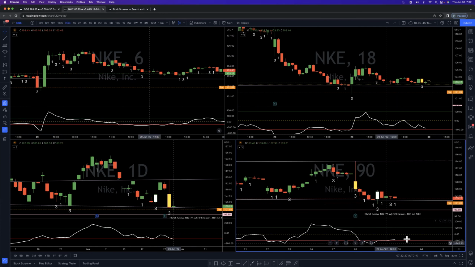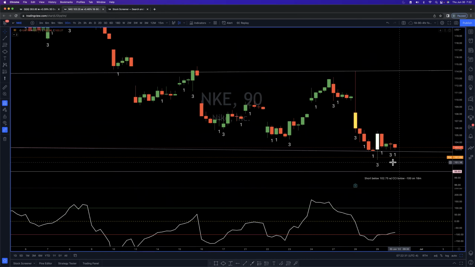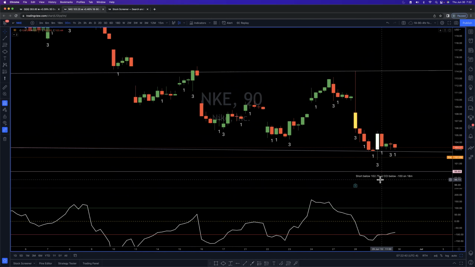All right, so let's start with a quick review. I wasn't looking to go long here, but I'll show you how you can scalp intraday using the outside bar, which I think I talked about when Jermaine and I met on the weekend shift. So short below 102.75 with CCI below negative 100 on the 18.